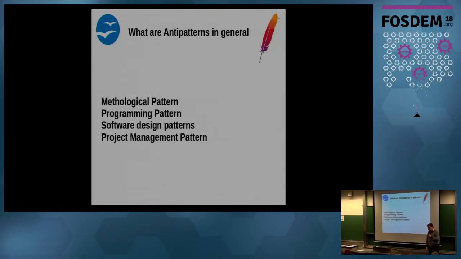A project management pattern usually has nothing to do with coding at all, but with organization around what you do in the cooperation, or in the cooperating way. And this is usually not so much in focus in open source, but more in companies. But it's also there in open source.